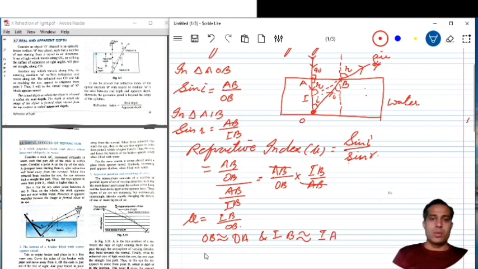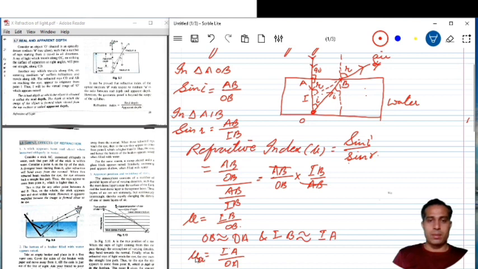So the refractive index is equal to, if we put IB as IA and OB as OA, IA over OA.